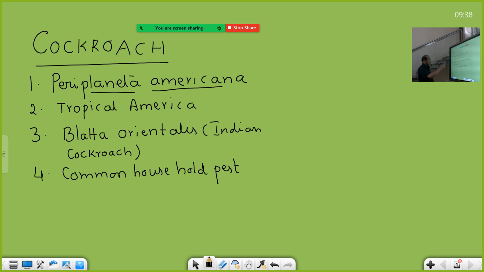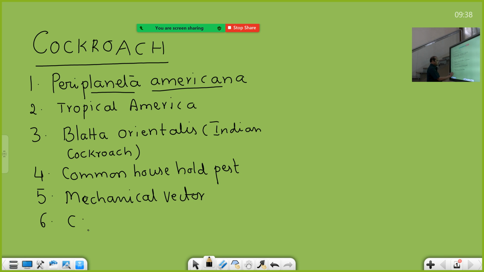This is the best mechanical vector, carrying so many pathogens. The definitions of mechanical vector and biological vector are also given in the 2 marks questions in the 6th unit, so you must remember this.